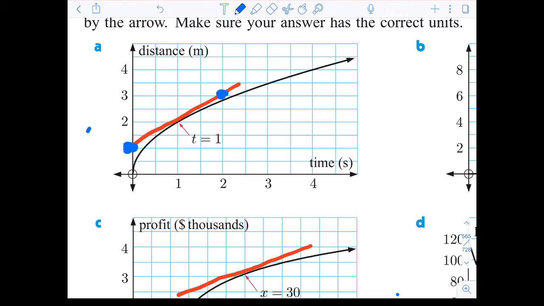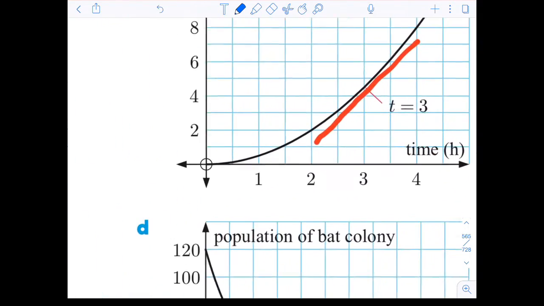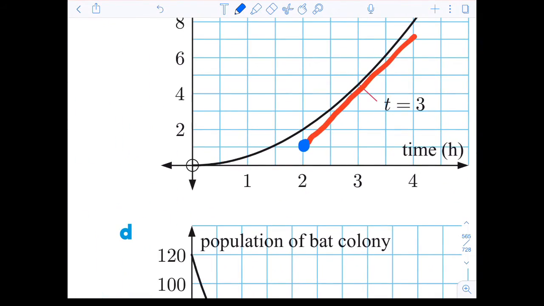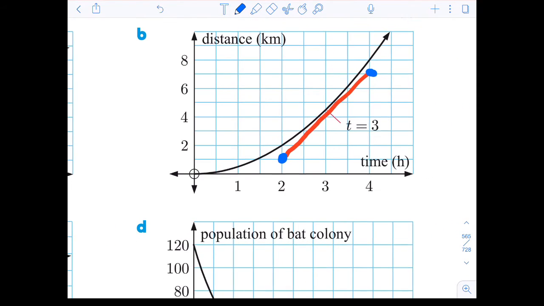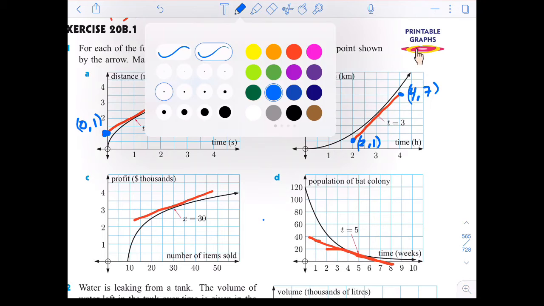So we would have 0 and 1 for the first one, and over here we'd have 2 and 3, and we'd find the slope of those. Same goes for B over here. I drew my tangent line maybe here, and I would find the slope of those. So we'd have 2 and 1, and up here we would have 4 and 7. We're just getting points along the line, and we use our slope to calculate it.